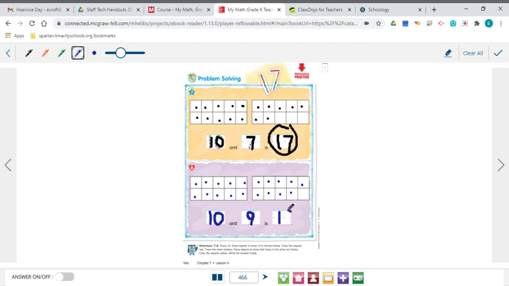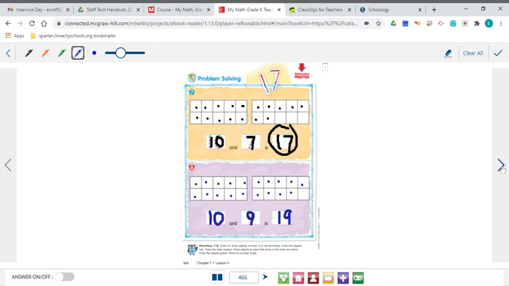We are going to have a 9 in the ones place because we have 9 ones. So if we have 10 and 9, that is 19. So 10 and 9 is 19. Read that with me. 10 and 9 is 19.